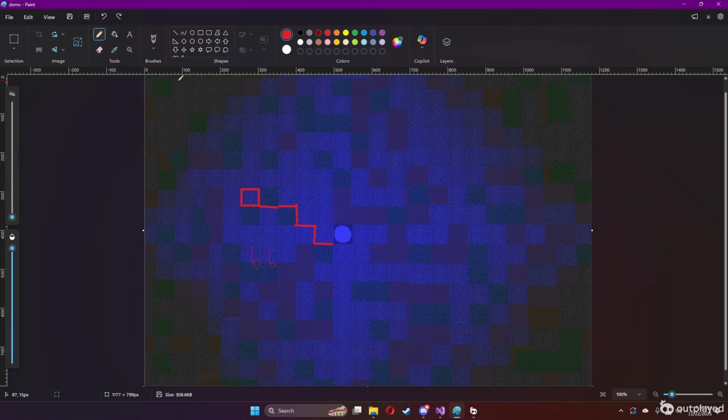Let's use a different color. This would be c squared, while this red would be 1, 2, 3, 4, 5, 6. This would be 6, right? Manhattan distance is 6.